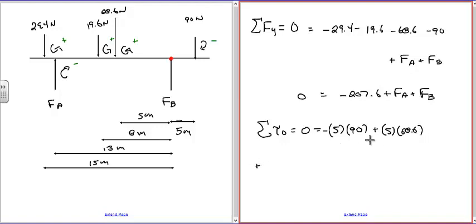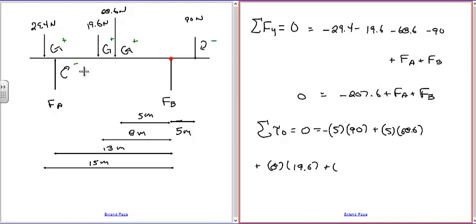Okay, come down here, or you can keep going if you have more room in your paper. We've got this one. So the distance from here to there is 8 meters, and we have 19.6 newtons. And it's positive because it's counterclockwise.